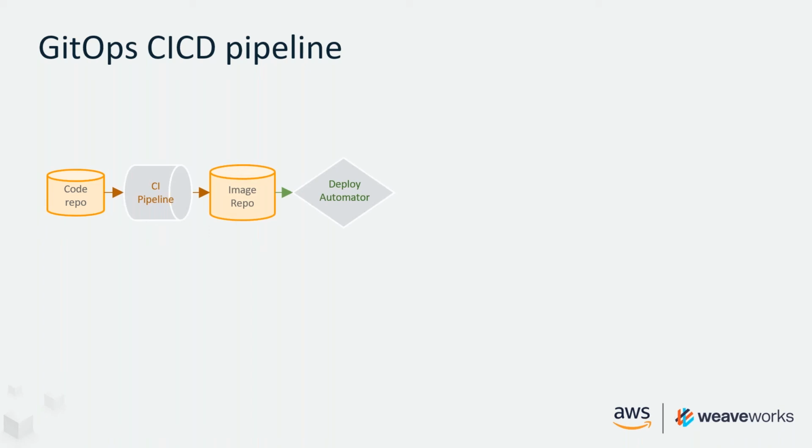The automator is going to make a change to the configuration repo. The configuration repo has a set of declarative configuration files telling us what state the application or the infrastructure is in. In this case, it's going to tell us that a Kubernetes manifest describing an application needs a new version of the application that's just been built in the pipeline.